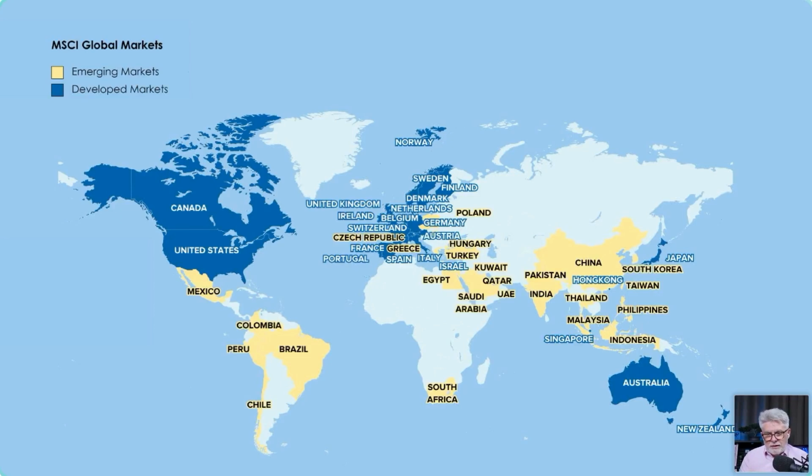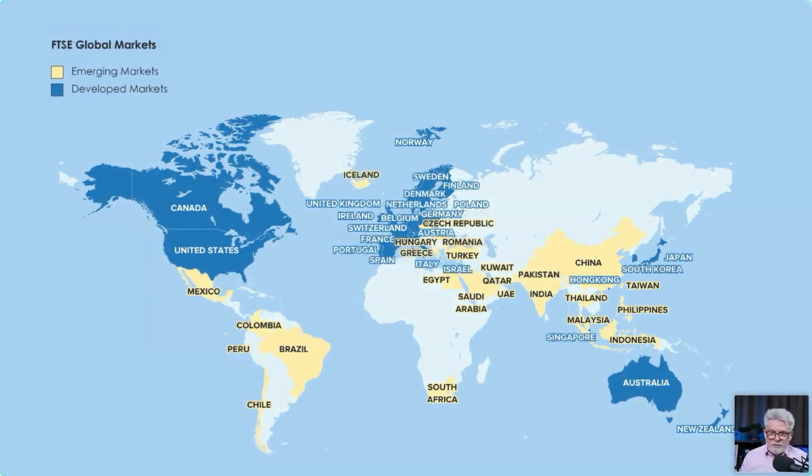So that's the MSCI. The other competitor is the FTSE Global Markets, the FT being Financial Times Stock Exchange. So that's the London Stock Exchange and the Financial Times collect this one. And the key difference between this one and the MSCI is the treatment of South Korea.